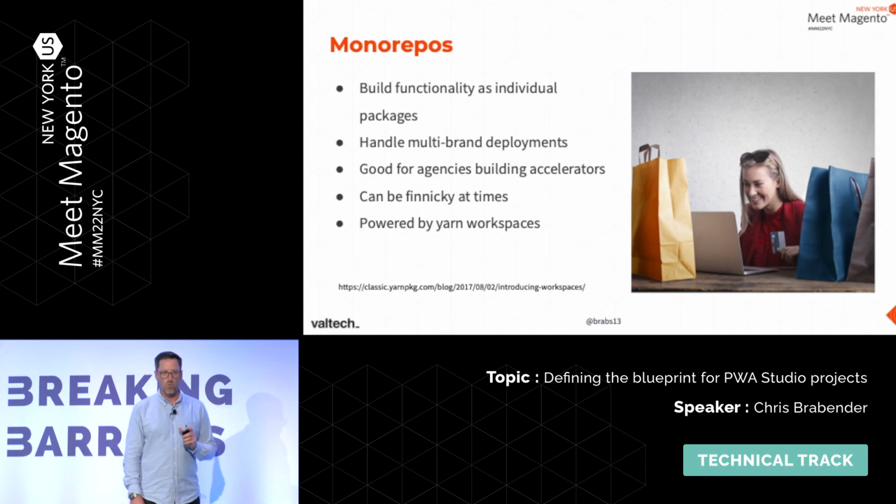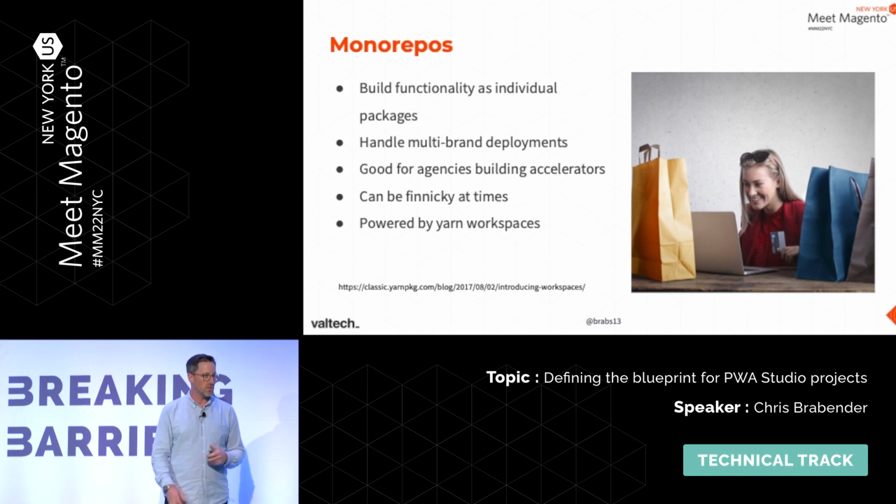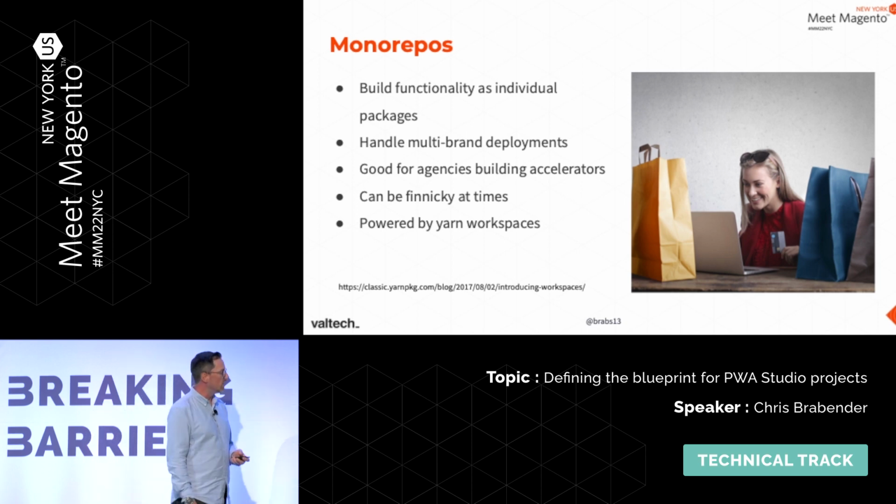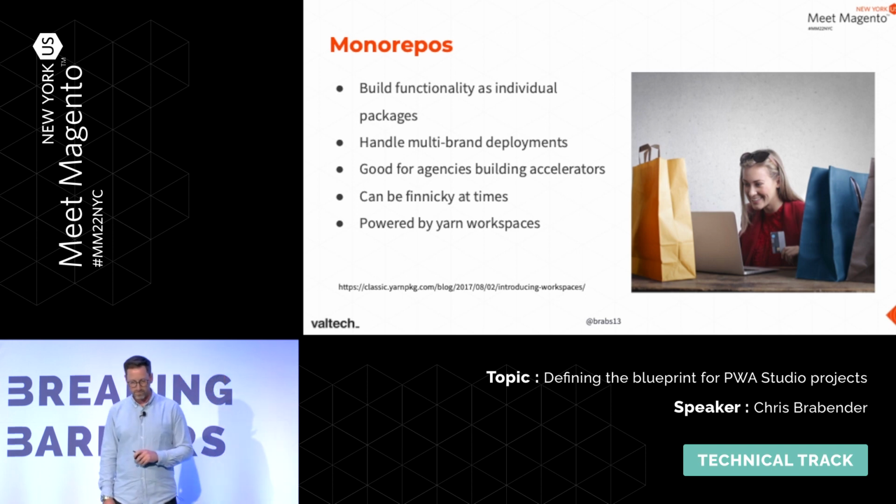So if you do run an internal accelerator project or a tooling around PWA Studio, a monorepo can really help you in setting up and building that. They can be finicky at times, so understanding the ins and outs of yarn workspaces can be very important, and some of the performance issues you may have around that. But it is also powered by Yarn workspaces, so it's an industry standard setup for monorepos, and it's very easy for us to work with in general.